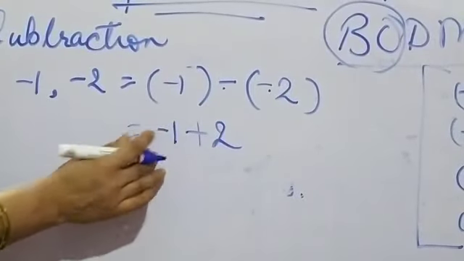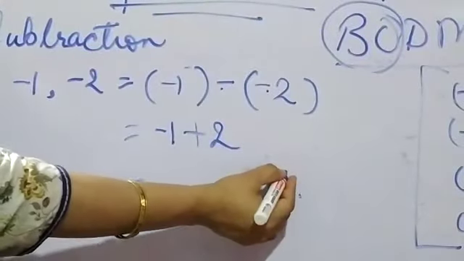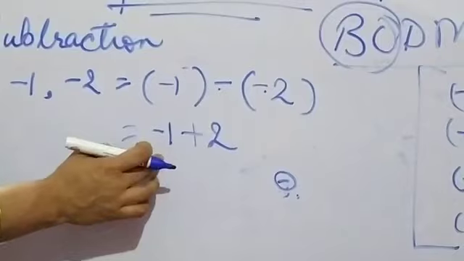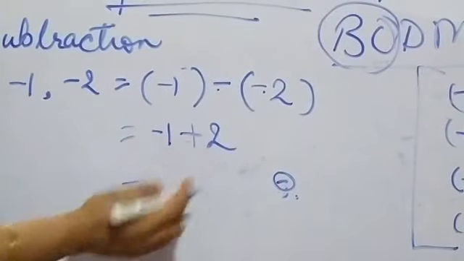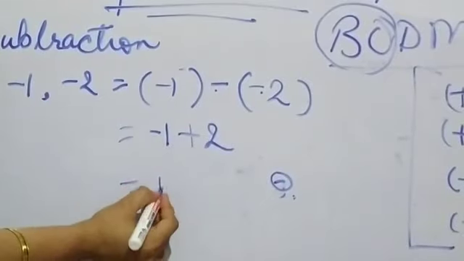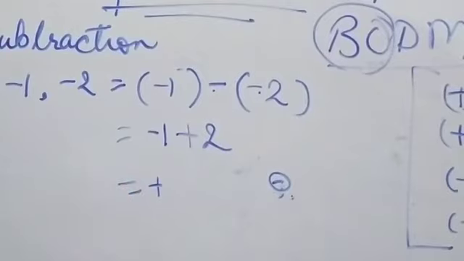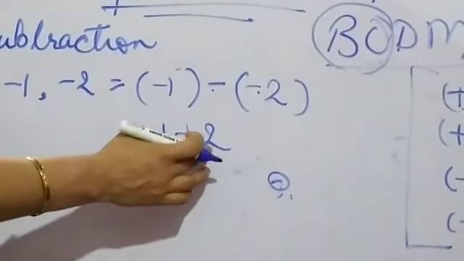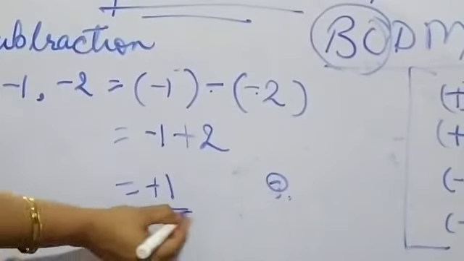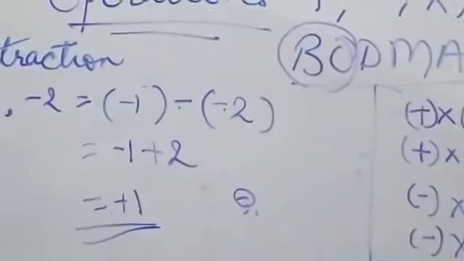Now plus minus, we have to do minus. But the sign: which number is greater? This is 2. Before 2, which sign is there? This is plus sign. It's not required to write the plus sign as it is understood. See, 2 minus 1 is 1. So the answer is 1.